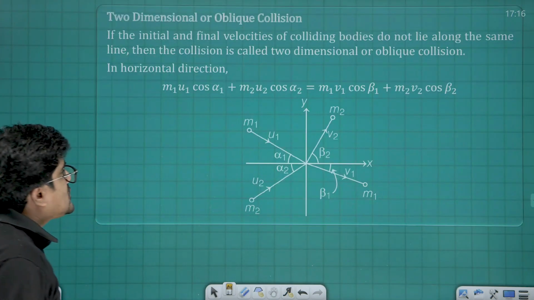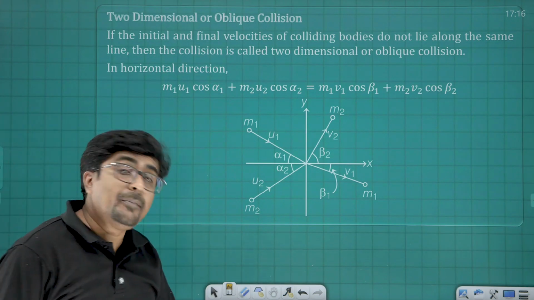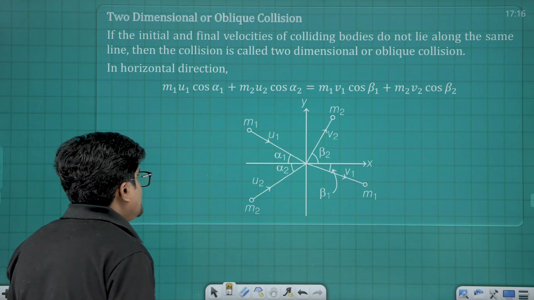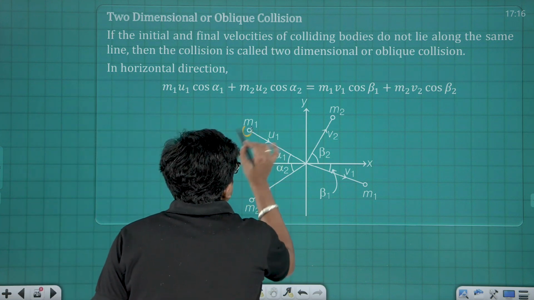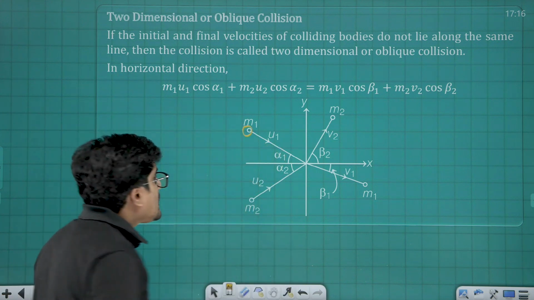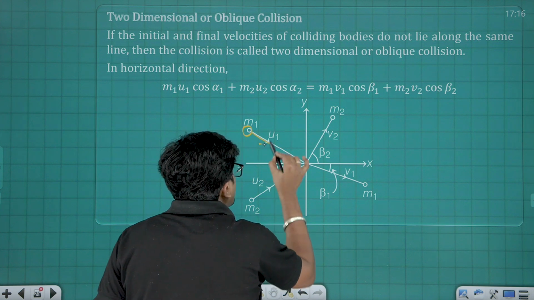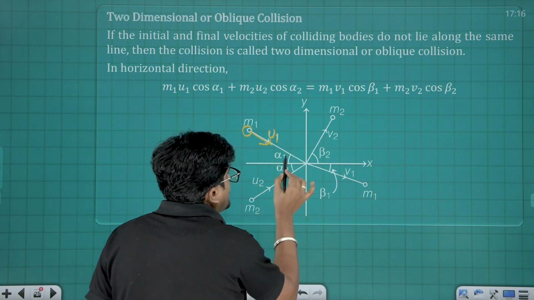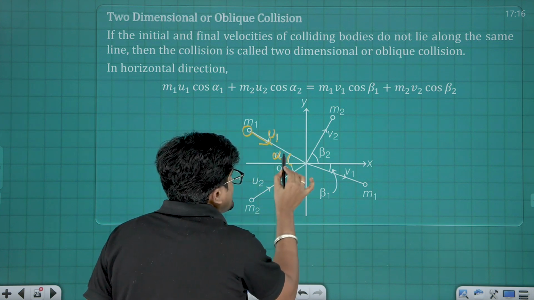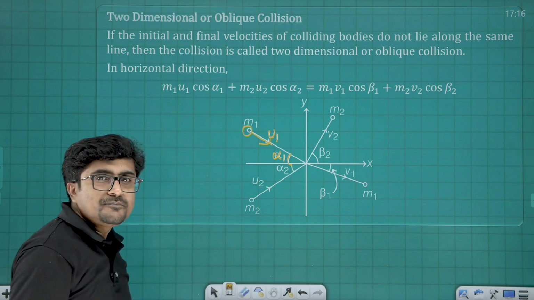Next one is two-dimensional or oblique collision. So here, have a look. This is mass m1, and that is coming here with a velocity of u1, and with respect to the x-axis, it's making an angle alpha 1.